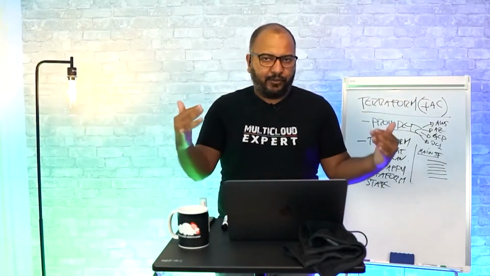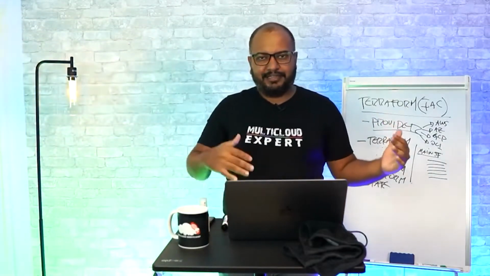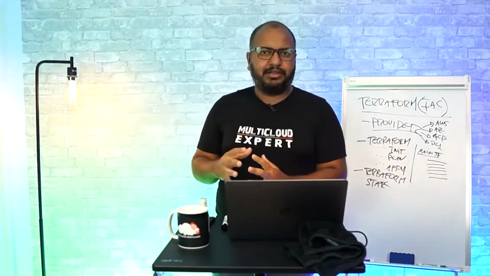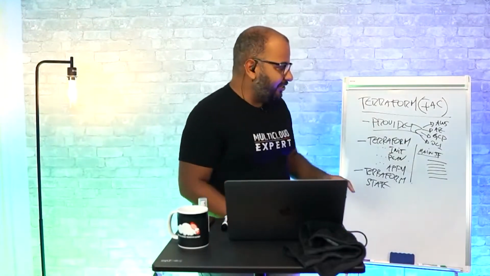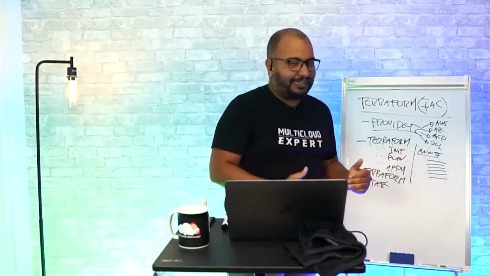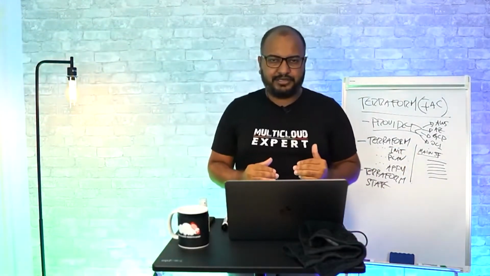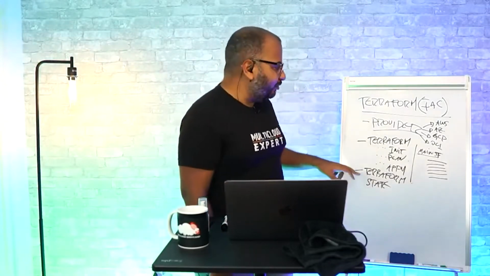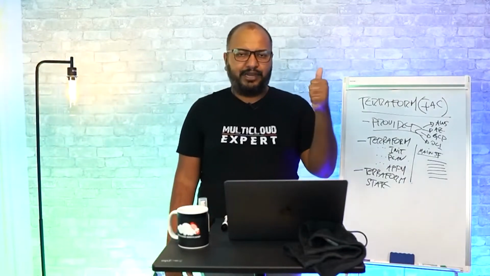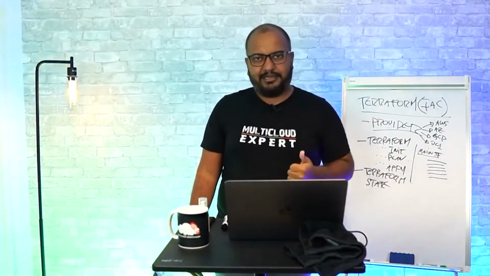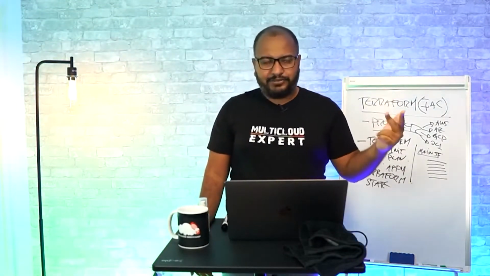If we wanted to create, let's say in the future, one virtual machine in Oracle Cloud Infrastructure as well, we can basically go there and change the same file, the main.tf, and at the end of the file, add the new resource. But Terraform will not try to create all the resources again. It's not going to try to create the Oracle Autonomous Database again, or the object storage again.